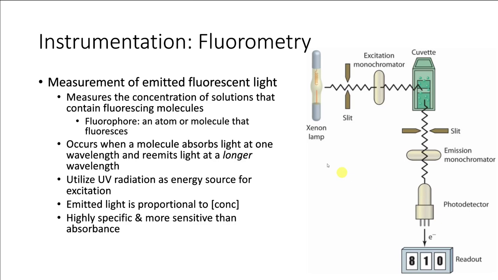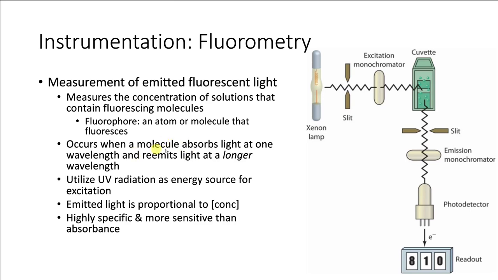Fluorometry is the measurement of emitted fluorescent light. This will measure the concentration of solutions that contain molecules that fluoresce. Glow, I think, is probably the best way of phrasing it. If you've ever seen a UV black light party where everything starts glowing, that's what's happening.